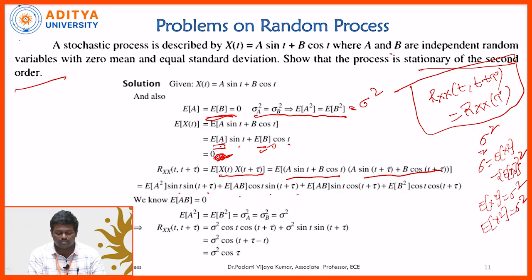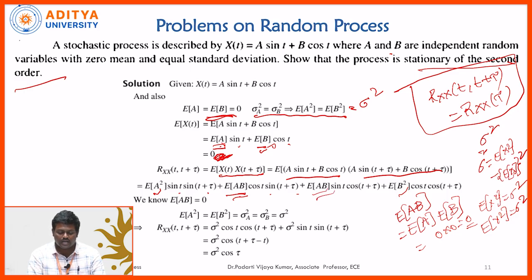So, I will replace expectation of A square and expectation of B square with sigma square. Next, expectation of AB. Since both are independent random variables, expectation of AB is equal to expectation of A into expectation of B. Given E of A is 0 and E of B is 0, overall it will be 0. So, the expectation of AB terms will vanish in the expression.